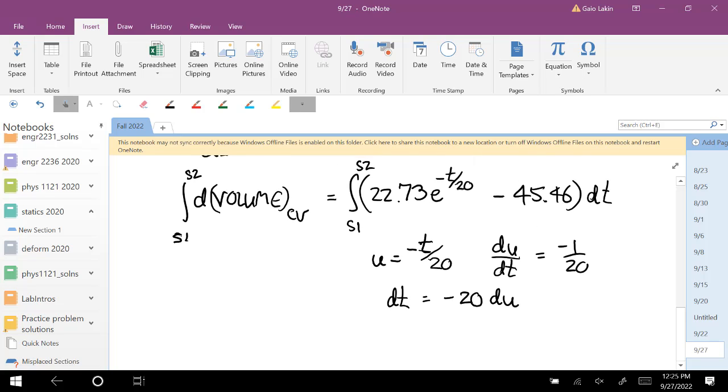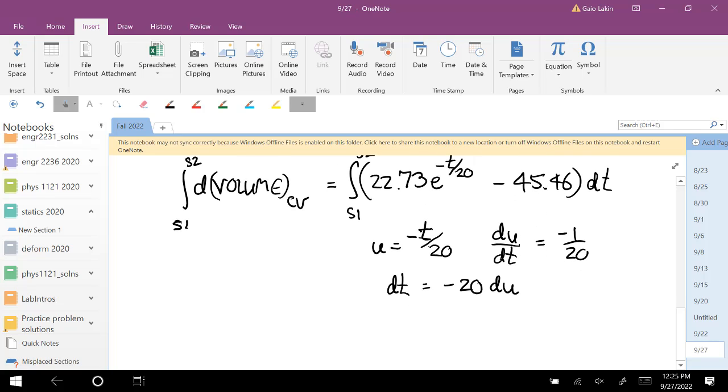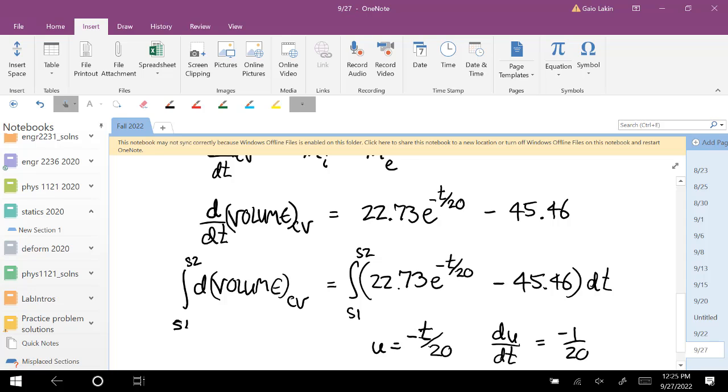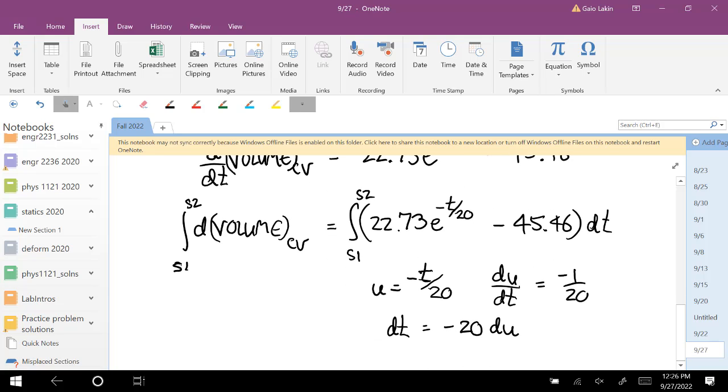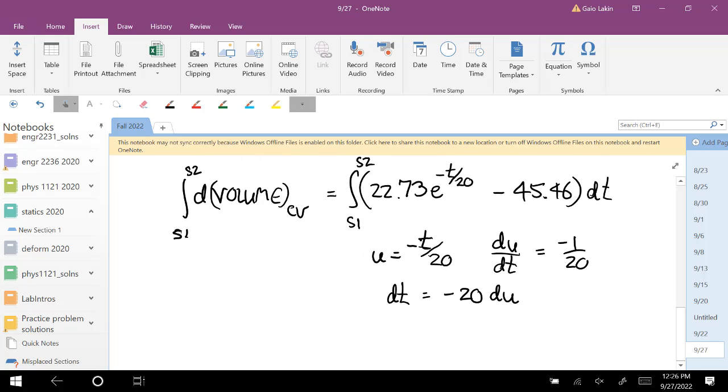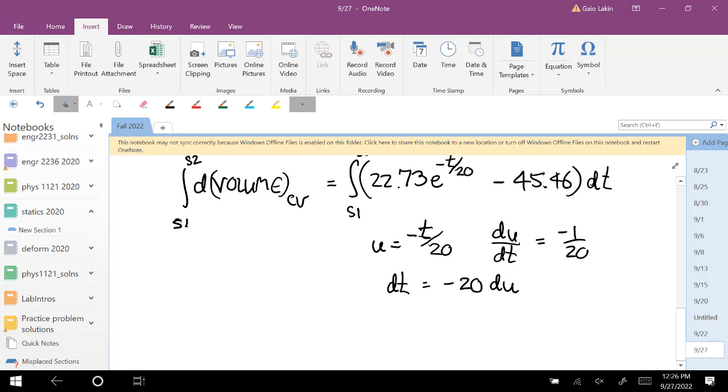Well, let me think through it again real quick. So this u substitution, this comes out to be the integral from state 1 to state 2.